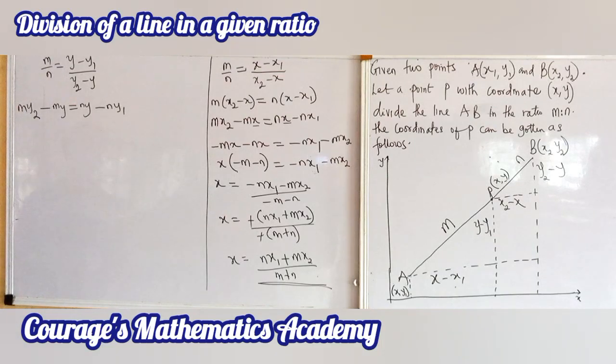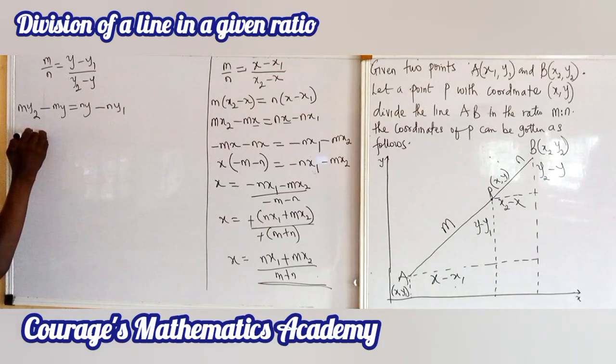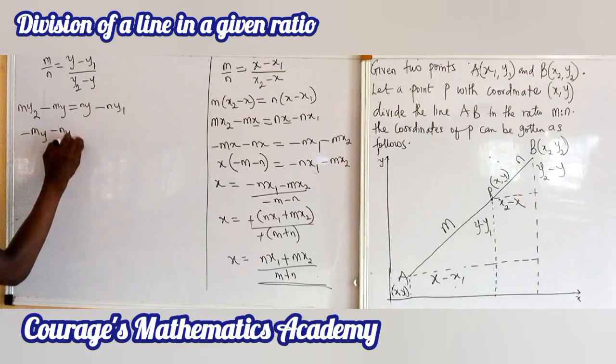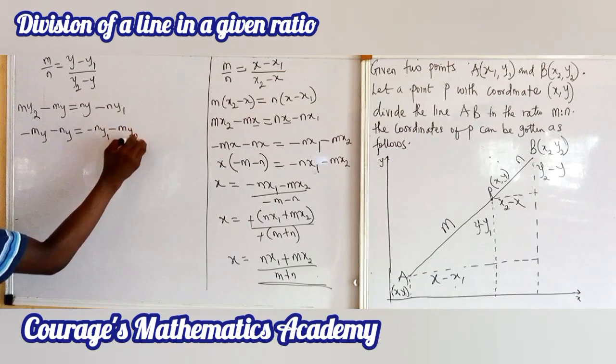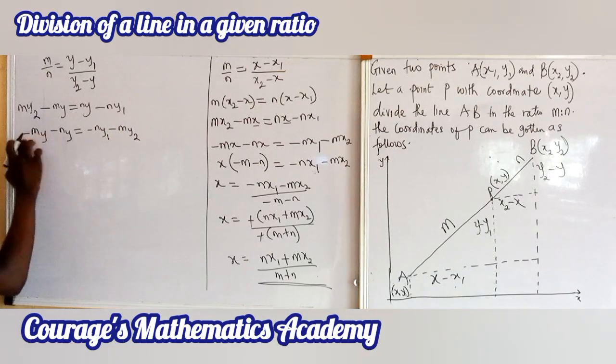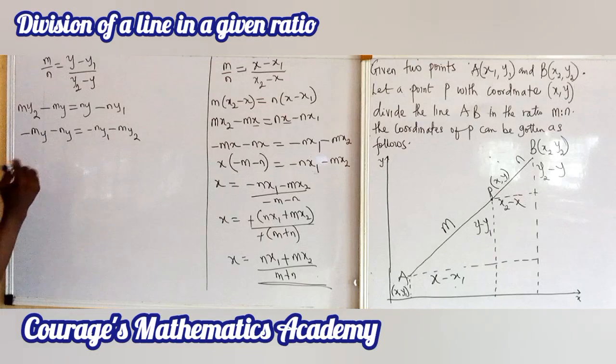Good. Let's make y the subject of the formula. So the terms in y will move to one side, and the other terms move to the other side. We have minus my minus ny is equal to minus ny1 minus my2. So negative is common to both sides of the equation. We factorize negative out so that they cancel.